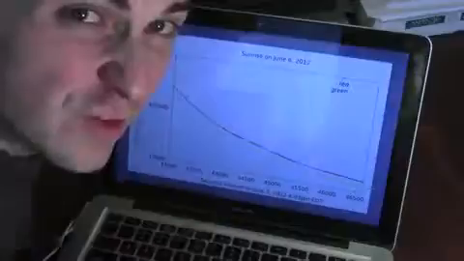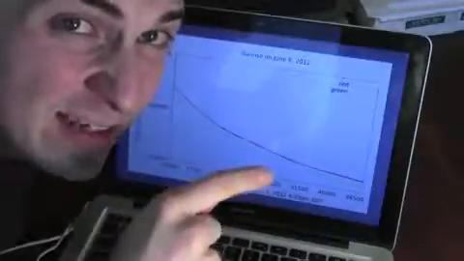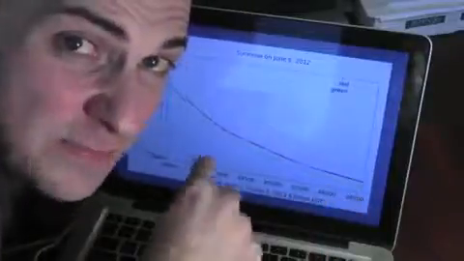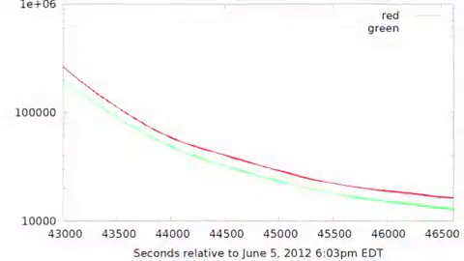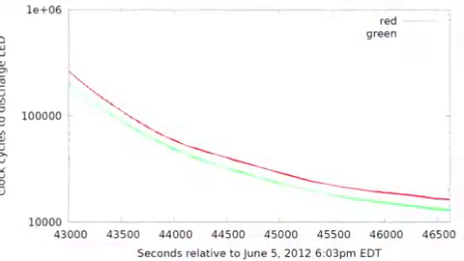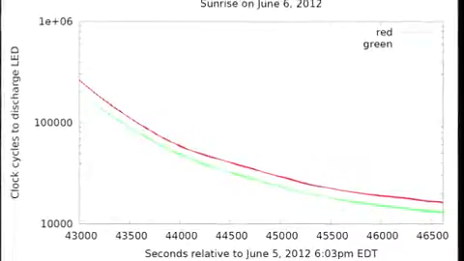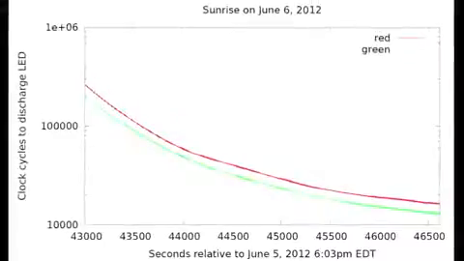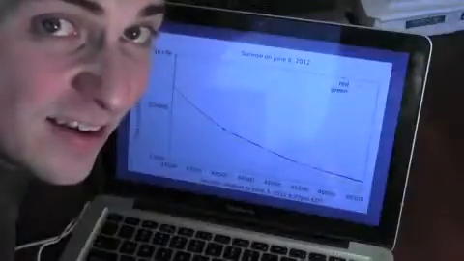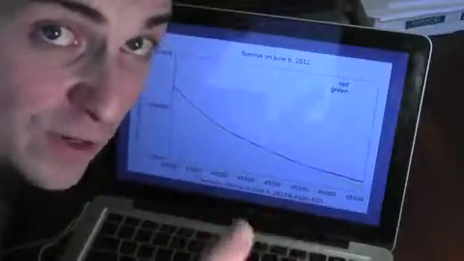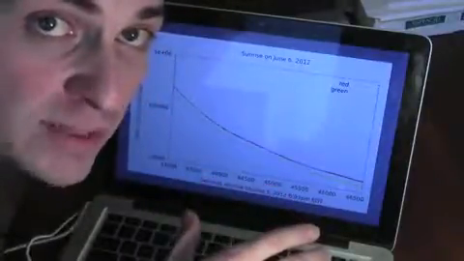It's really two different functions, a function for the red LED and a function for the green LED. Along the x-axis, I've plotted the number of seconds that have elapsed since June 5th, 2012 at 6:03 p.m. And on the y-axis, I'm plotting the number of clock cycles it took to discharge the LED. So what does the red function do? Its input is a number of seconds that have elapsed since this particular moment in time.